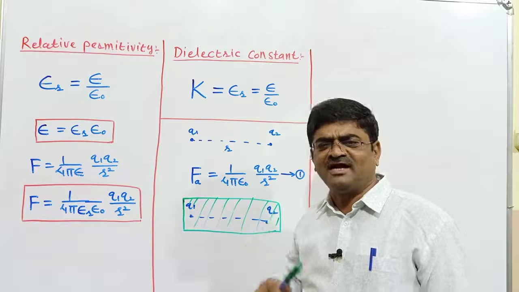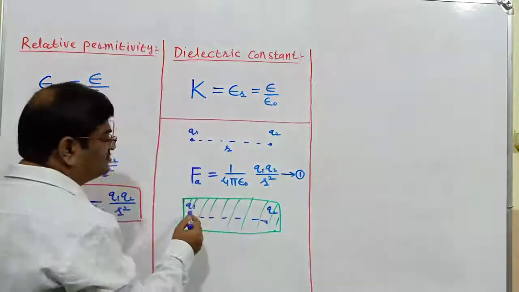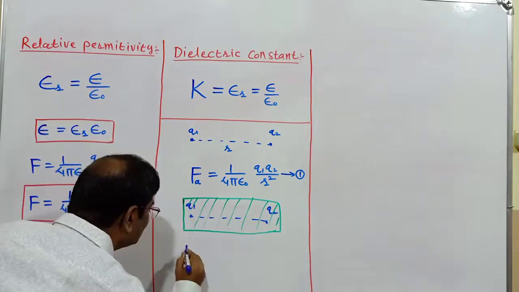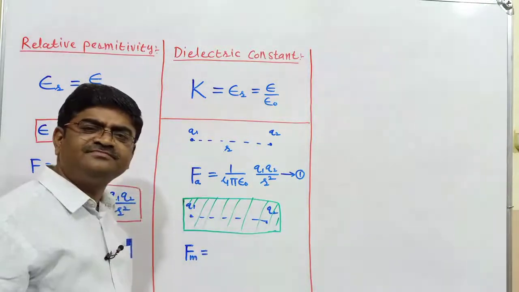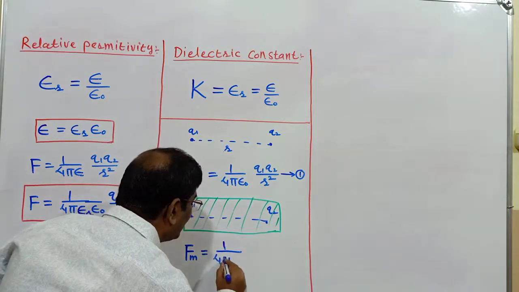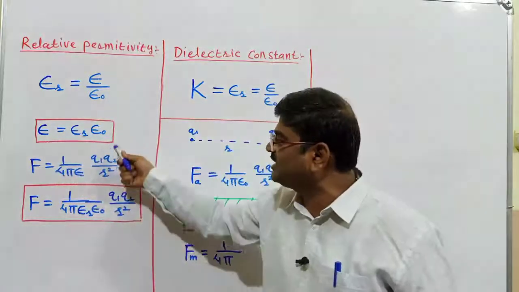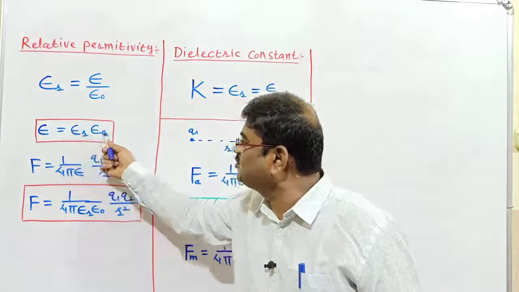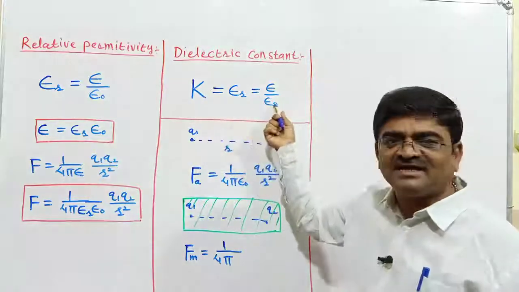Then the force between these two charges I can write as F with subscript M for the given media. 1 upon 4 pi epsilon you will have to write first. And that epsilon, how to write it, I have just spoken about. It is relative permittivity times absolute permittivity. Relative permittivity we have also referred to as the dielectric constant.